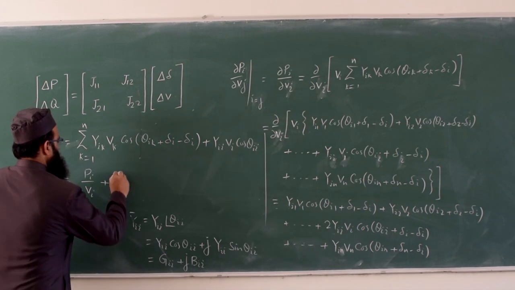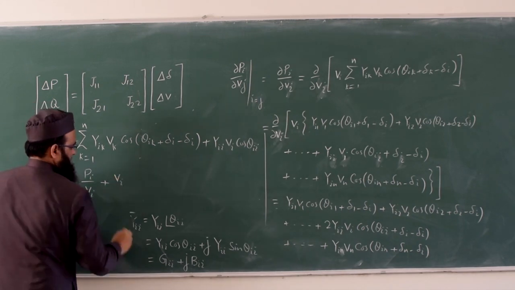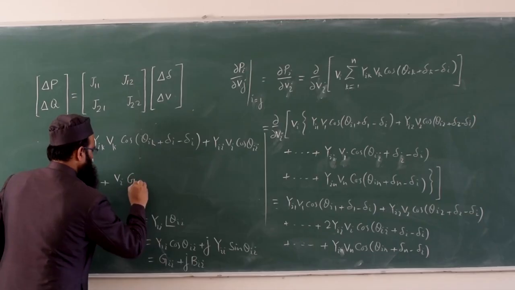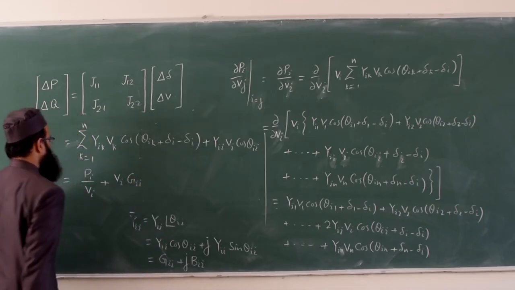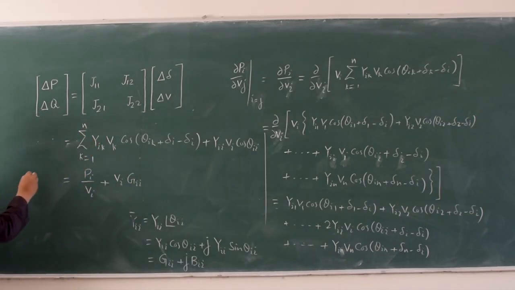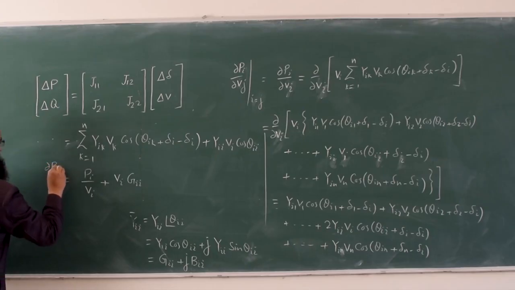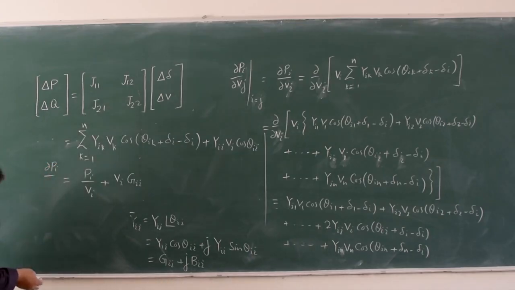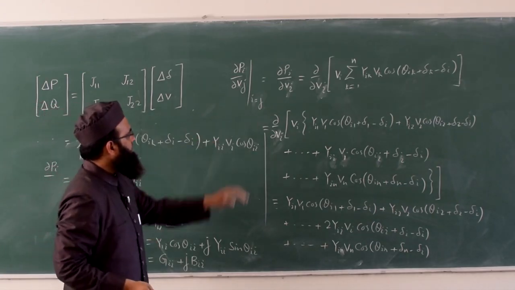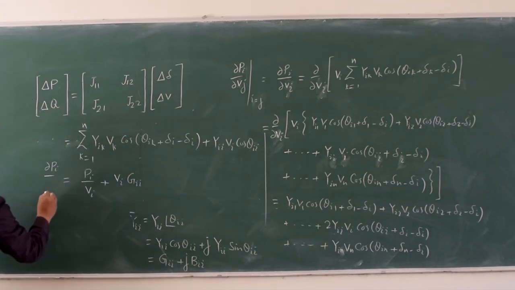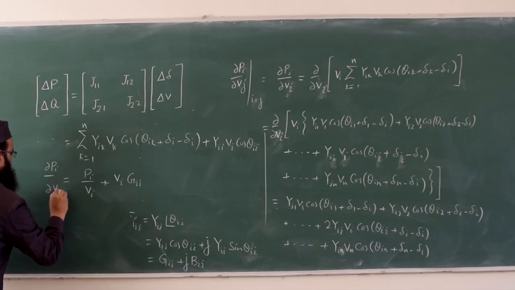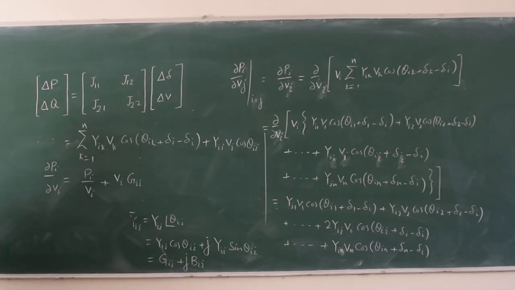So, plus Vi Gii. This is del Pi upon del Vj, I is equal to J, directly we can write del Pi upon del Vi. Fine.